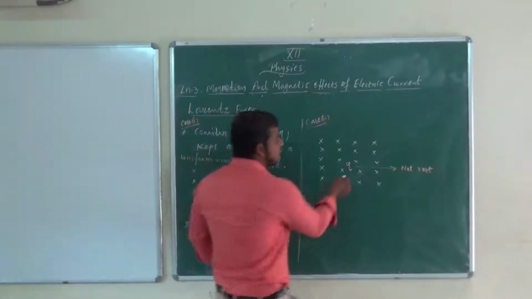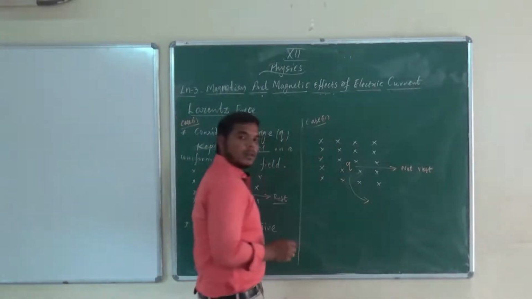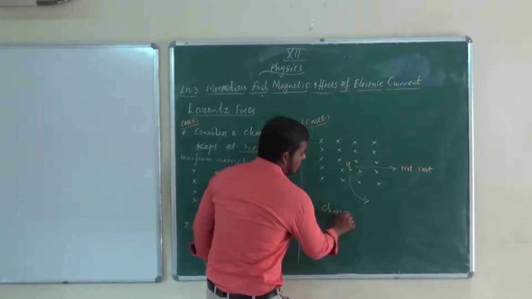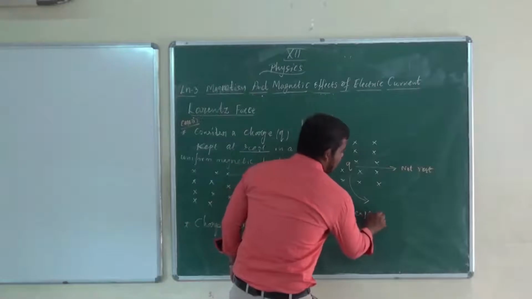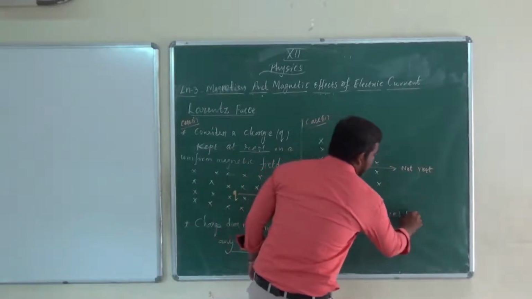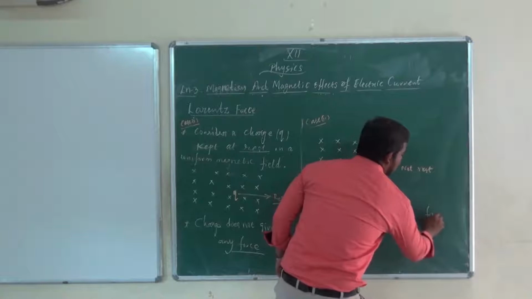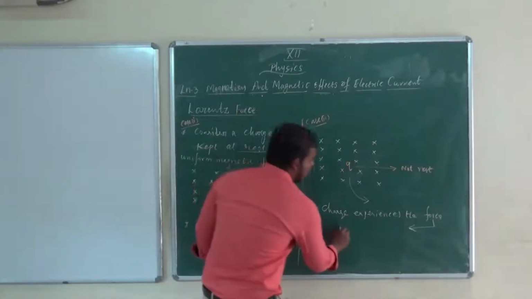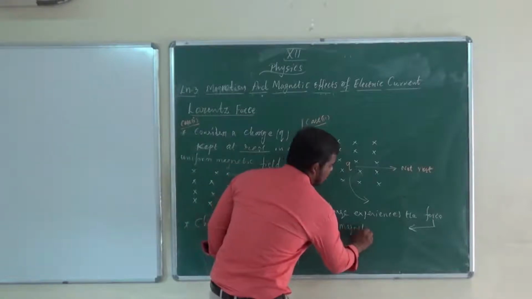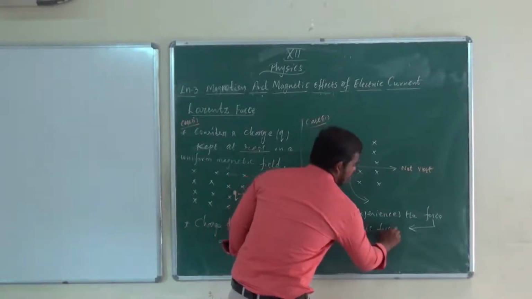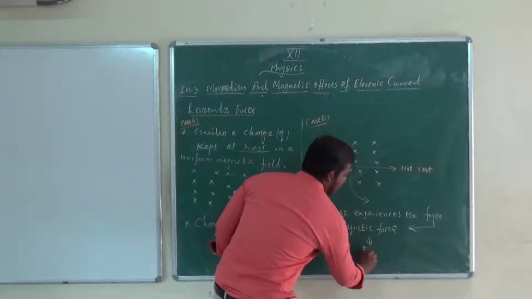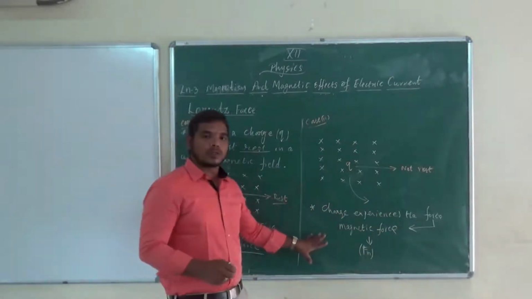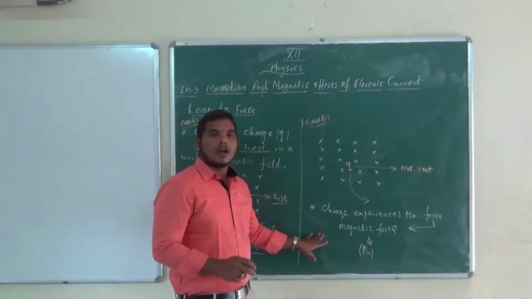It experiences a force. The force is called magnetic force, represented as Fm. It is entirely different from Coulomb force.